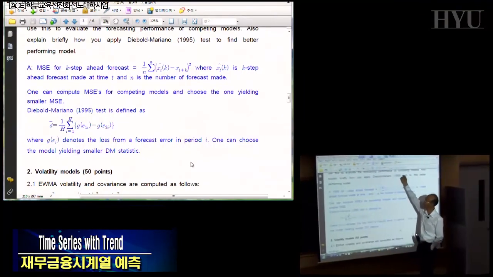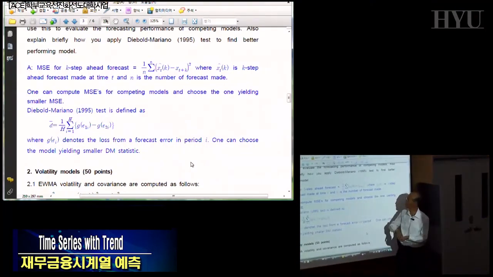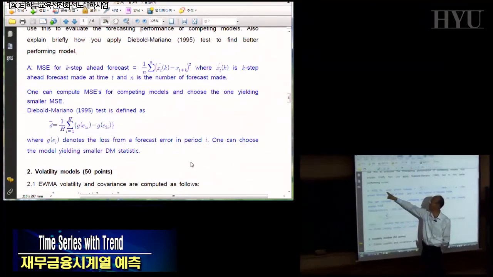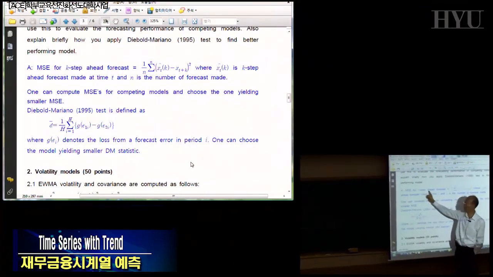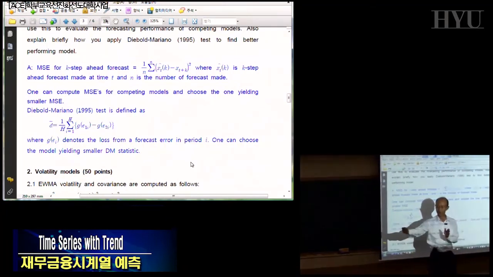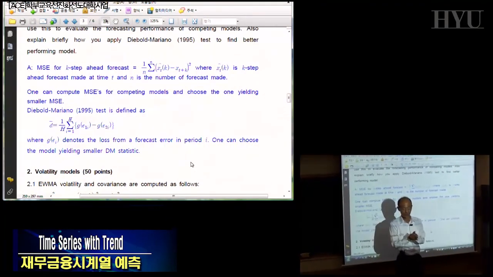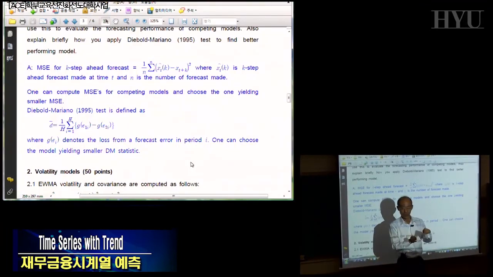The next question was asking whether you have understanding about what it means squared error. So, mean squared error is first calculating, let's say, one step ahead forecast. So you have in sample, you have a model, and you can generate one step ahead forecast, right? And in out of sample, you have actual data, right?